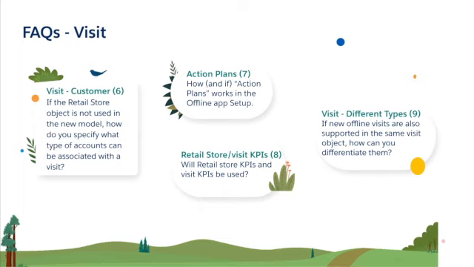But if you want to execute advanced visits, or if you want to have this offline visit planning feature available, this is only supported when you have assigned a template to your visit and you have set up your org units correctly. Then you can execute your visits and plan your visits offline.